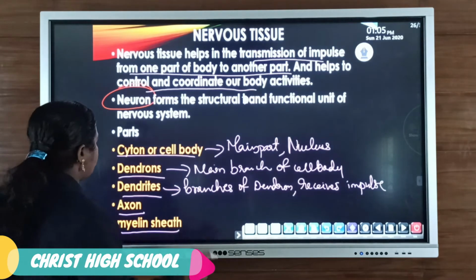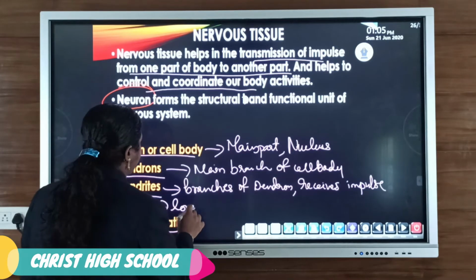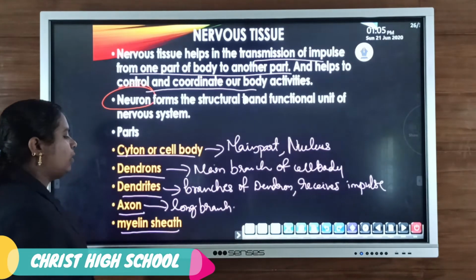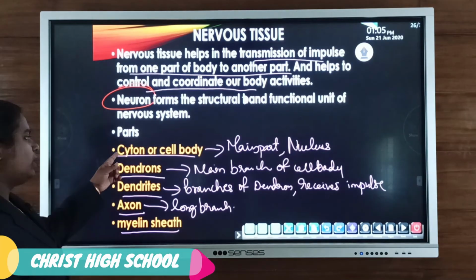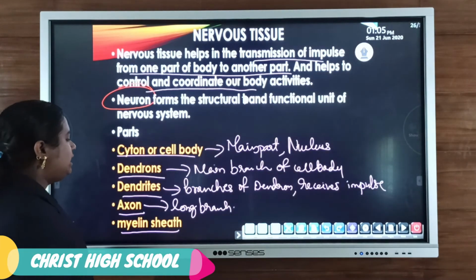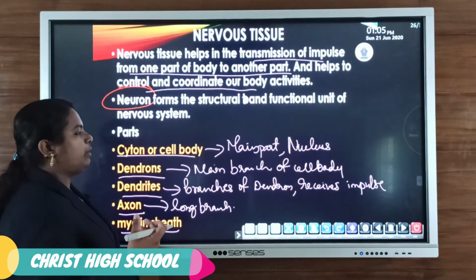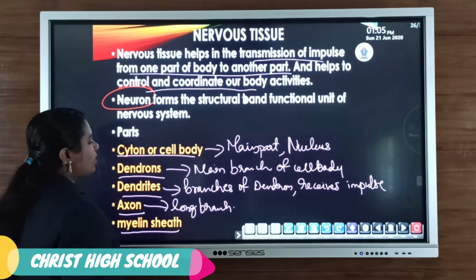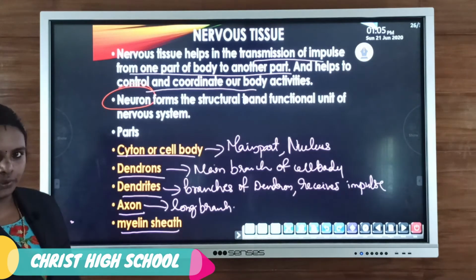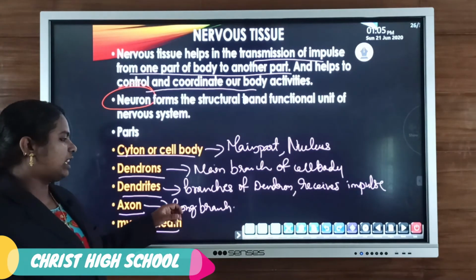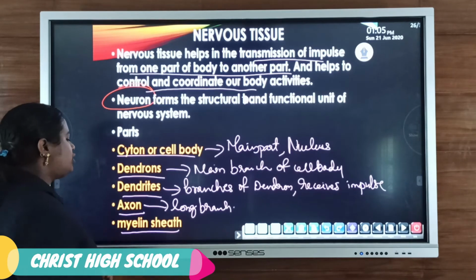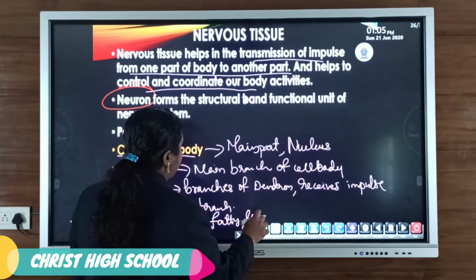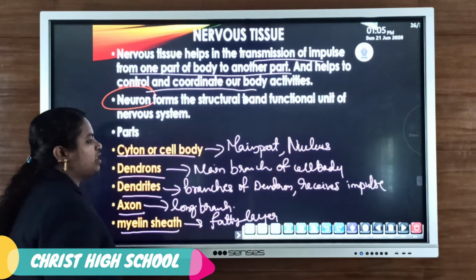Then axon is the long branch arising from the cytosol, and it collects the information or impulse from the cytosol and transmits that to the terminal end part of the neuron. So axon helps in the transmission of nerve impulse. Myelin sheath is the protective fatty layer which speeds up the transmission of impulse.